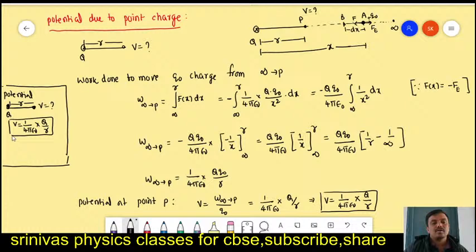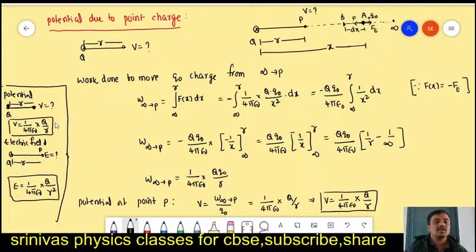For example, electric field due to a point charge, you want the electric field. How to calculate the electric field? For example, this is a Q charge at a distance R. If you want the electric field at this point, then what is the electric field formula? 1 by 4 pi epsilon naught into Q by R square we will get.